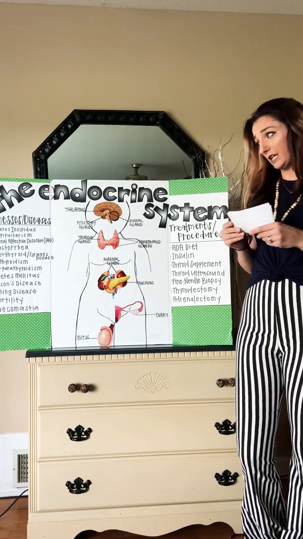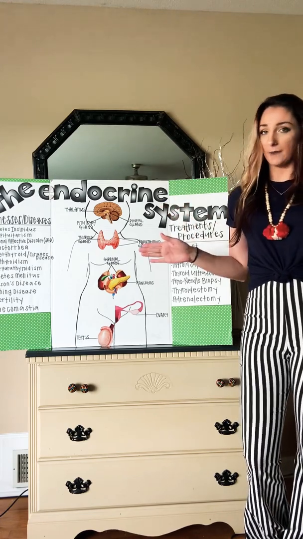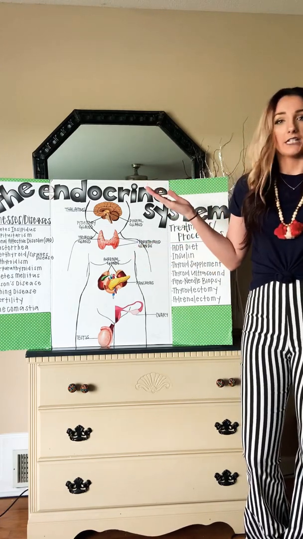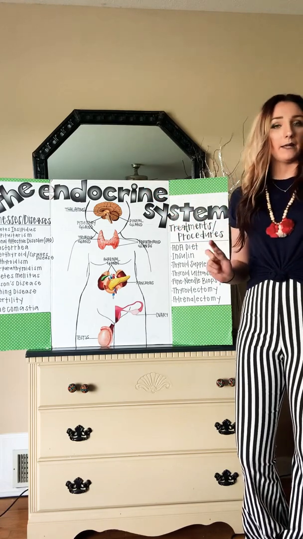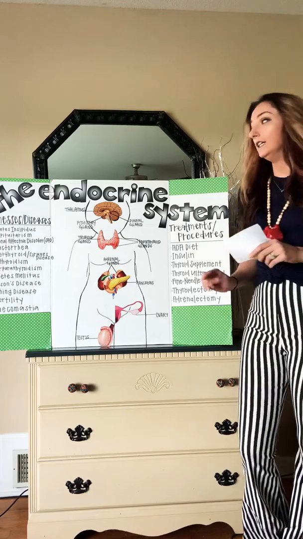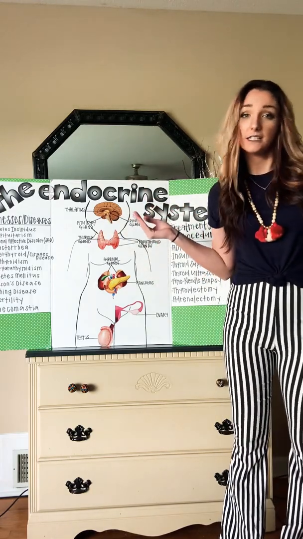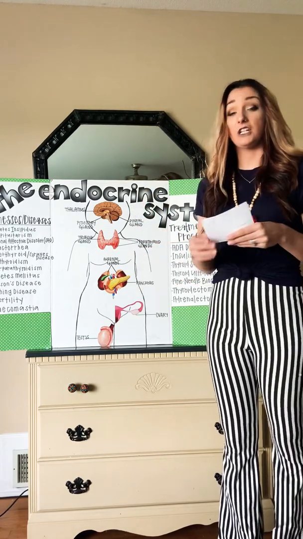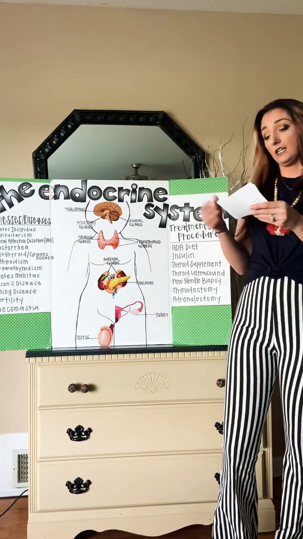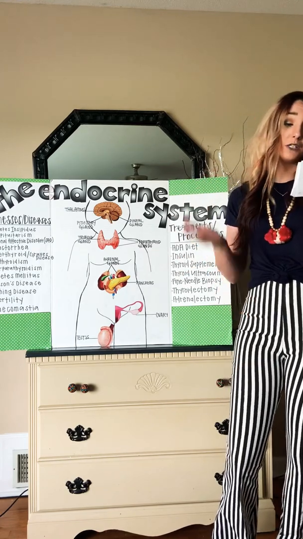So I started with diabetes insipidus. When most people hear diabetes, they think you're a diabetic, but that does not necessarily mean diabetes in the way you think it does. Diabetes insipidus has to do with hyposecretion of the ADH hormone, which essentially causes defects in your posterior pituitary gland.